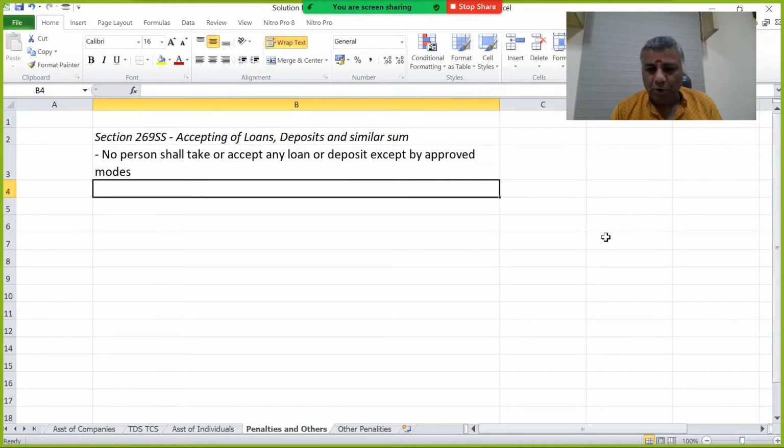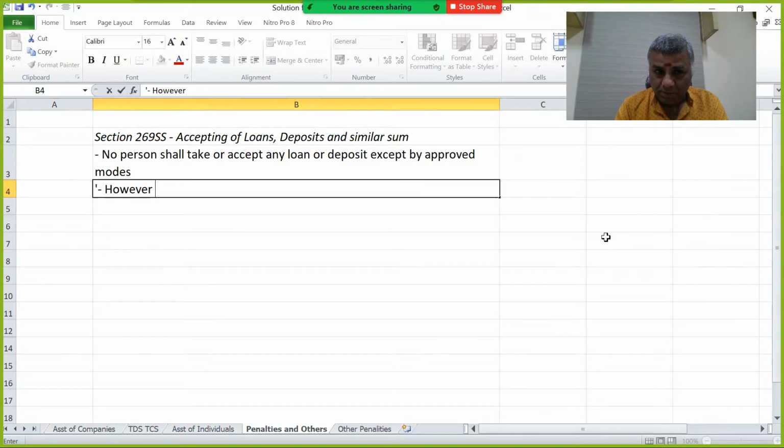However, loans or deposits up to rupees 20,000 can be in other modes.